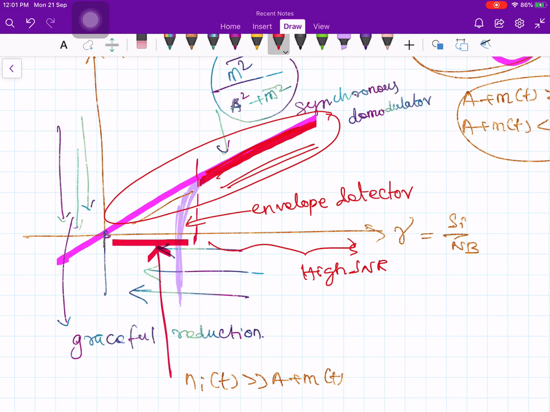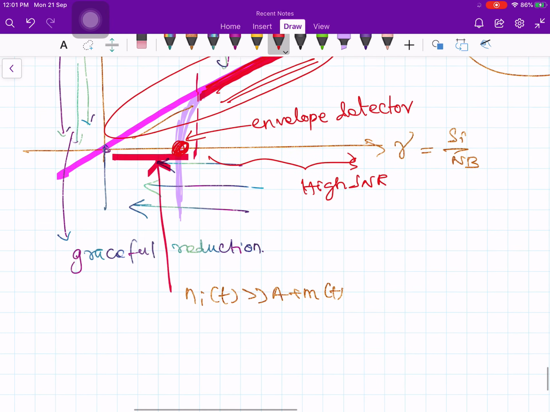Okay, so the moment you fall below a certain input signal to noise ratio gamma, the input signal becomes weaker than some value. So when the input SNR falls below some value, let's say this point, then you are deviating from the straight line curve. You start moving down.